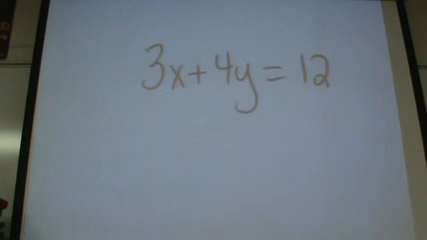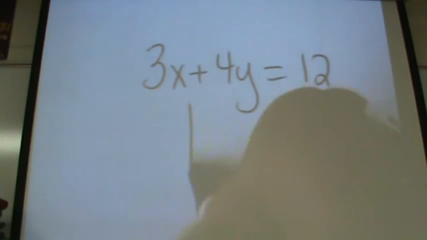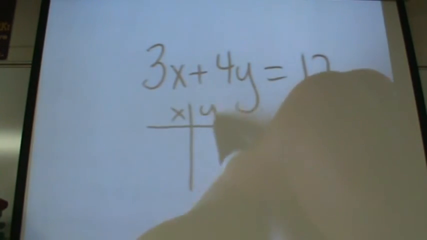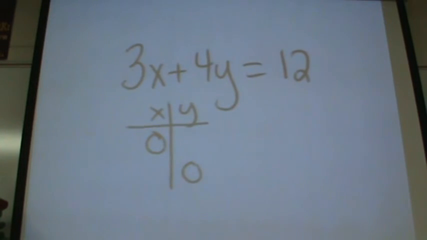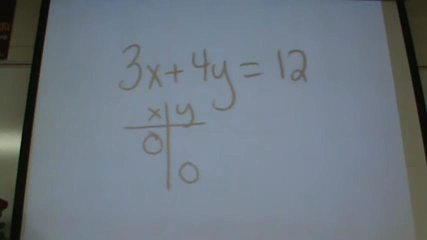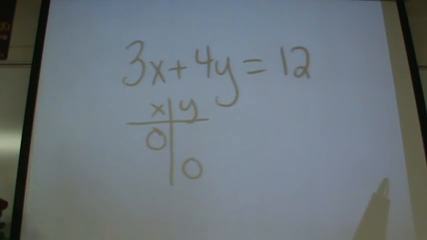If I asked you to graph this, you'd probably want to get y by itself. I have an easier way. Or maybe it's not easier. But if I do this, do you know what I'm doing? I'm finding out the x and y intercepts. You know how easy it is? Watch. It reminds me of tic-tac-toe.